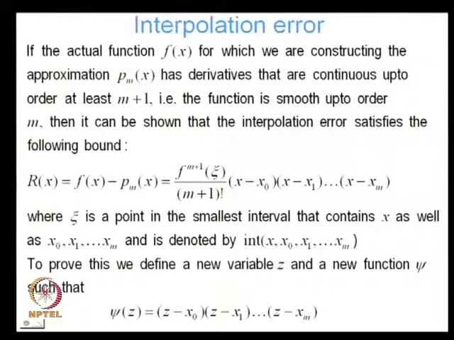So xi is a point in the smallest interval that contains x as well as x0, x1, through xm. So what I am saying is that I am approximating f of x with this polynomial of order m, and I am guaranteed that the error due to my approximation is going to be given by this term.